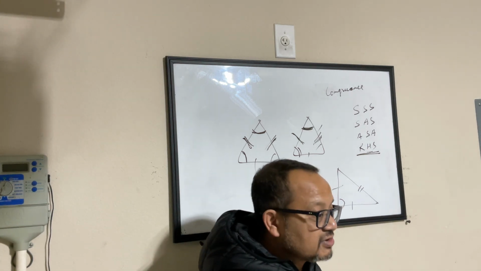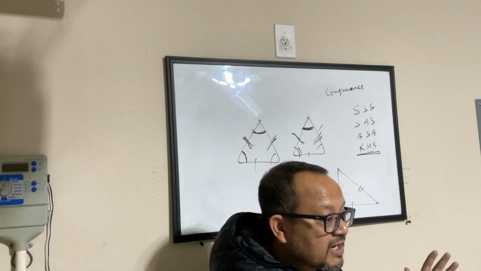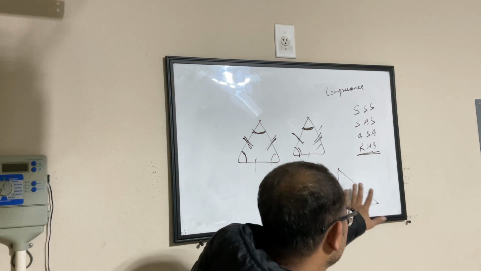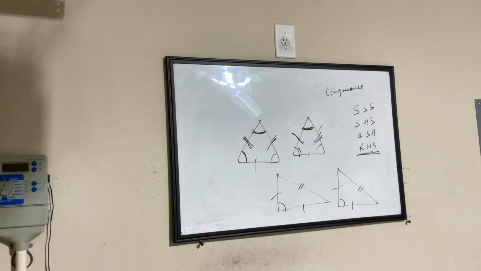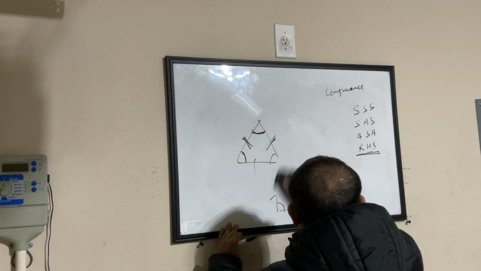You can say that these two are congruent, meaning the area of both triangles will be the same, and every other property will match.